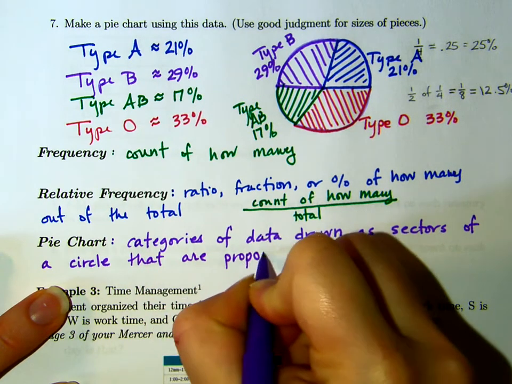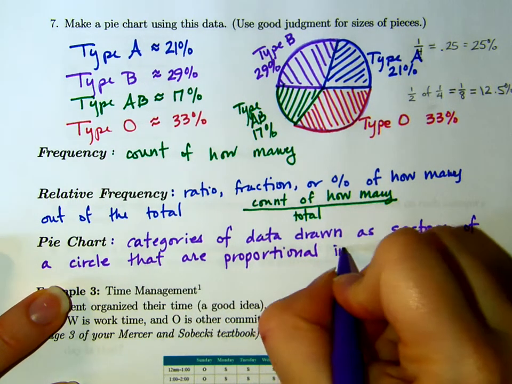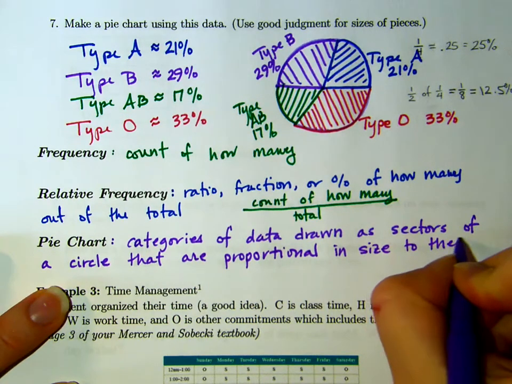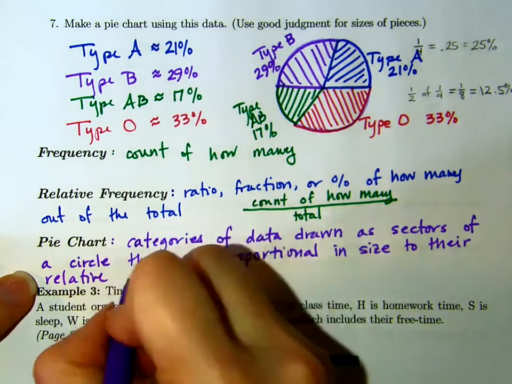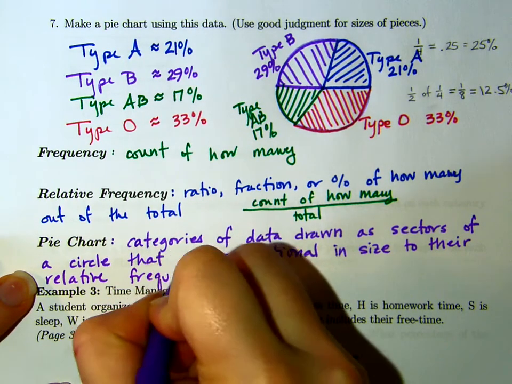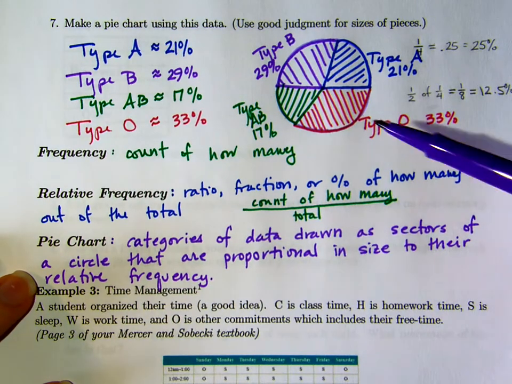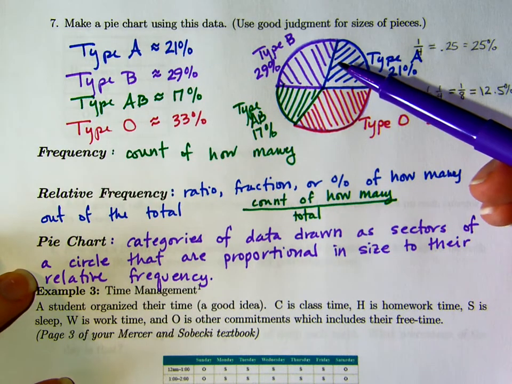So proportional size to their relative frequency. Okay, so the bigger the percentage, the bigger the piece.